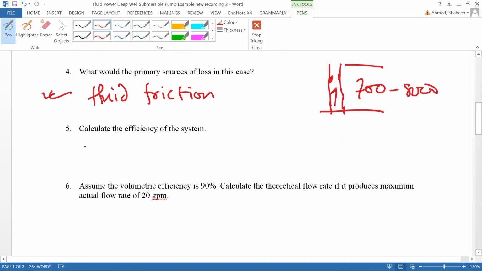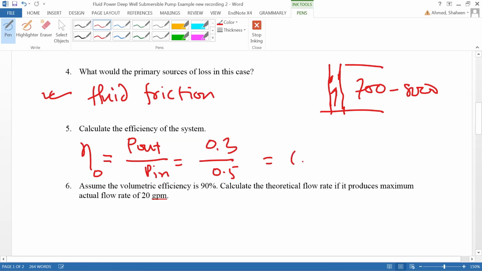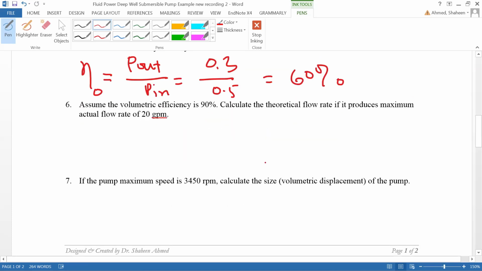Calculate the efficiency. So we know that the overall efficiency is the power output divided by power input. So we got our output 0.3, input was 0.5, so about 60%. Assume the volumetric efficiency is 90%. Calculate the flow rate if it produces maximum actual flow at 20 gallons per minute.